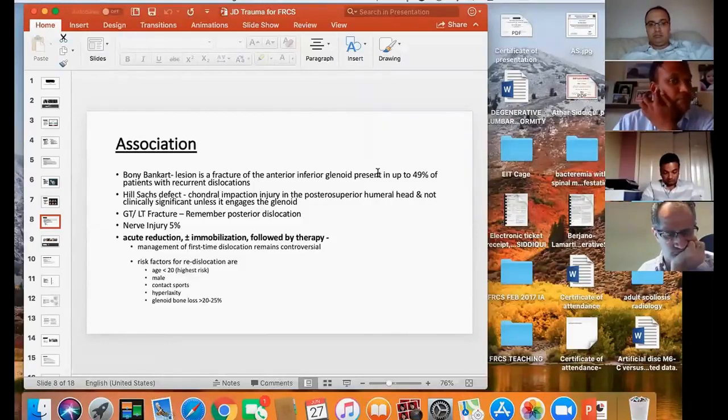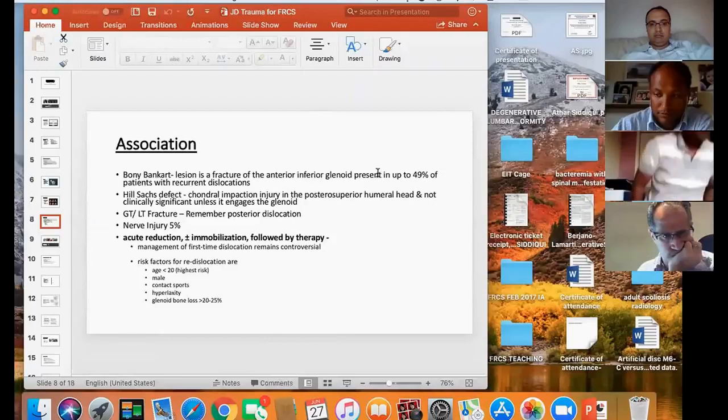He will then be asking people how to augment, what is the Latarjet procedure, what are capsular shifts, what are the benefits of doing it arthroscopically, can you do it arthroscopically, or are you doing it open. So I'm going to finish the shoulder dislocations here and move on to the hip dislocation.